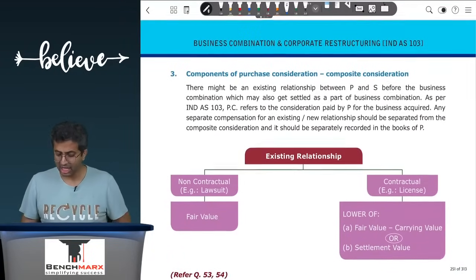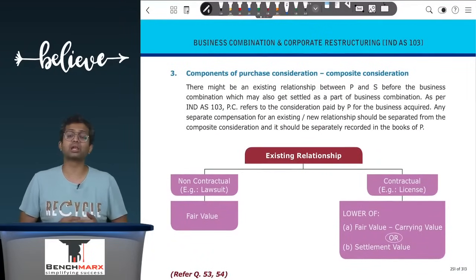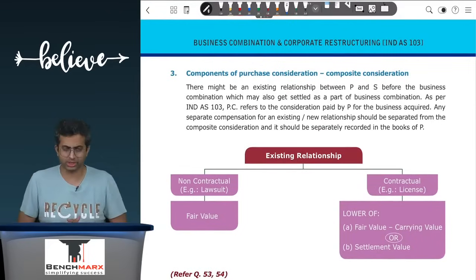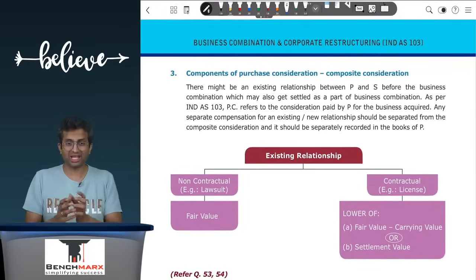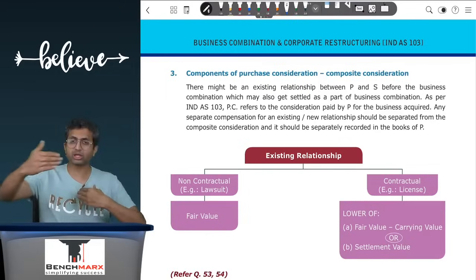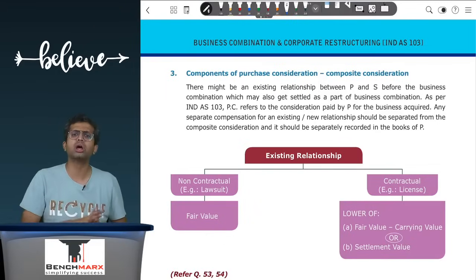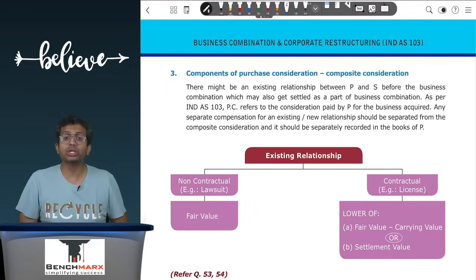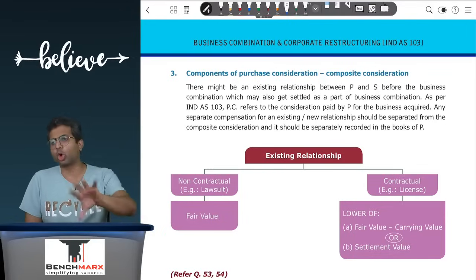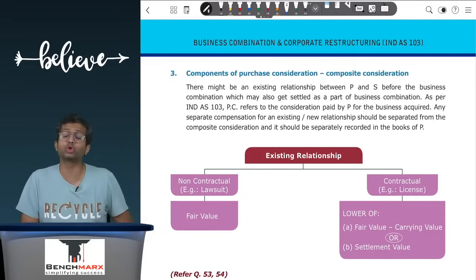You can refer that. Now, sometimes it might happen that there are components in consideration which are not only attributable to the acquisition. Like, it might happen that there is an existing ongoing lawsuit between the acquirer and the target. Let us say the target was suing the acquirer, and when you acquire that target, in the process you are also settling the ongoing litigation.